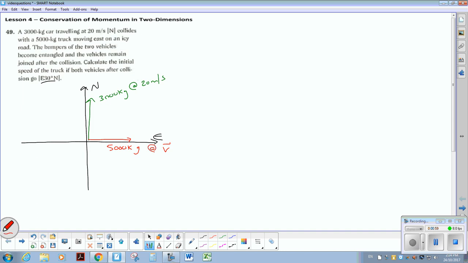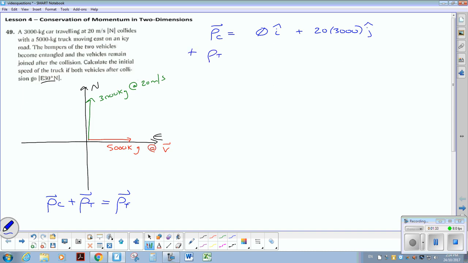So I'm going to assume here we're dealing with momentum, so we're going to do a momentum equation, so that we know that the momentum of car plus momentum of truck has to be conserved. So momentum final, that'll be my equation. Doing the stacked addition for the car, it's heading straight north, so there's no I component, plus 20 times 3,000J.